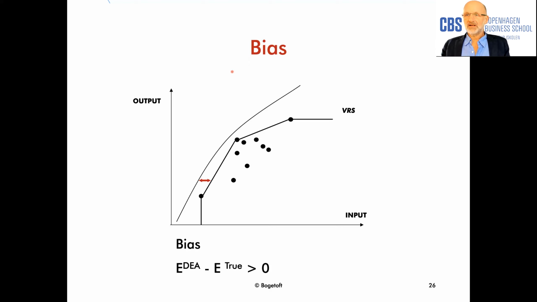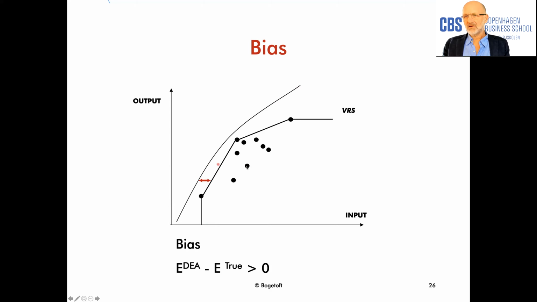To illustrate it here, you could imagine that you have the true frontier, which is this smooth line here, and then you do some observations, and the various companies are represented by the black dots, and they have introduced a bit of inefficiency. So instead of spending this amount of input to produce this output level, they've used this amount of input.